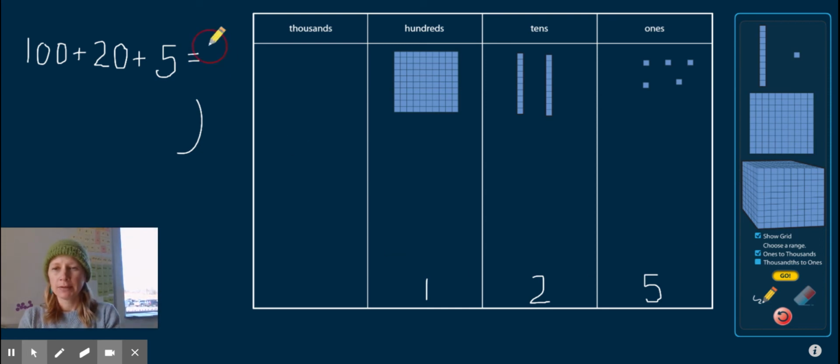When we write that number, it looks like this: 125. Right? I have a 1 in my hundreds place, a 2 in my tens place, and a 5 in my ones place. So my answer is 125. 100 plus 20 plus 5 equals 125.